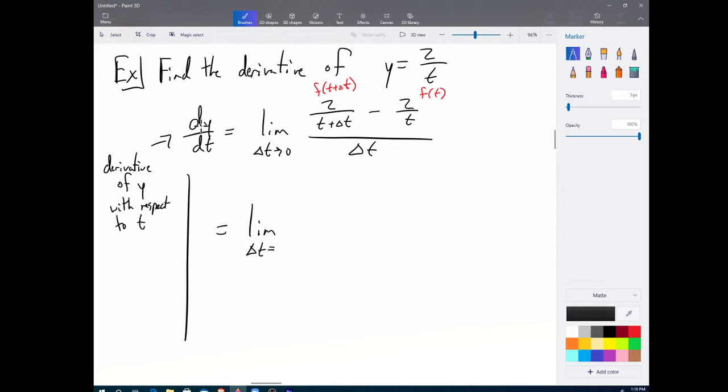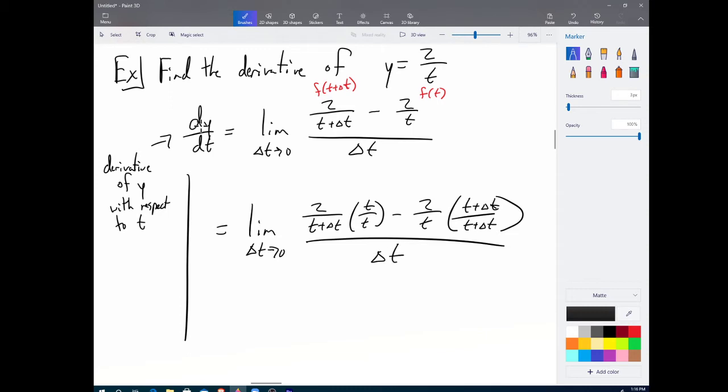So here we're going to have 2 over t plus delta t, and I can multiply it by a special form of the number 1. Then I have 2 over t, and I multiply it by a special form of the number 1. And I put those together. Here's a hint for you too: in math, and this is going to be especially true in this class, from this point on, always simplify numerators, never simplify denominators.